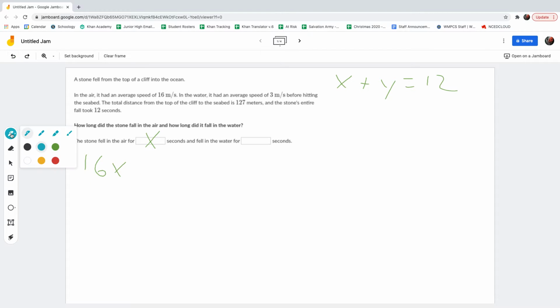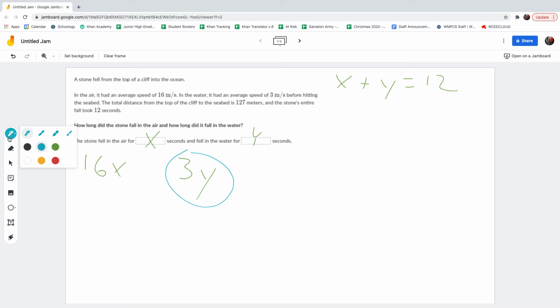Now, we can do the same thing for the water. In the water, it traveled at 3 meters per second, but for y seconds. So it actually traveled 3y meters while in the water.